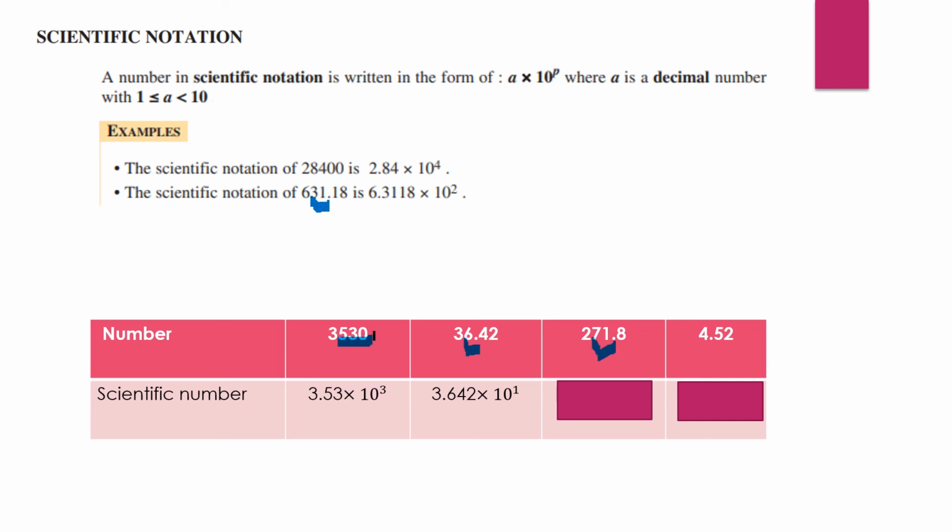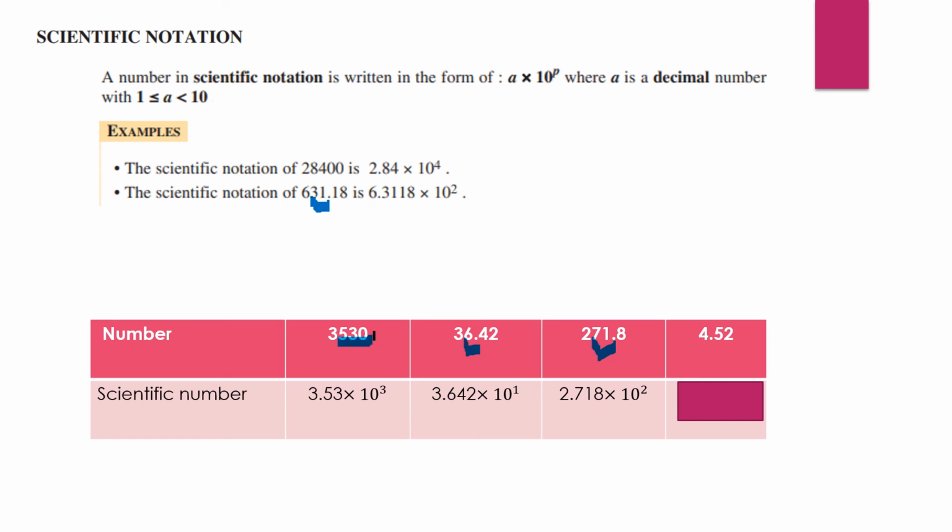It becomes 2.718. Surely this number is between 1 and 10. I move the point 2 digits from right to left. For that we write times 10 power 2. Let's see the answer. 2.718 times 10 squared.